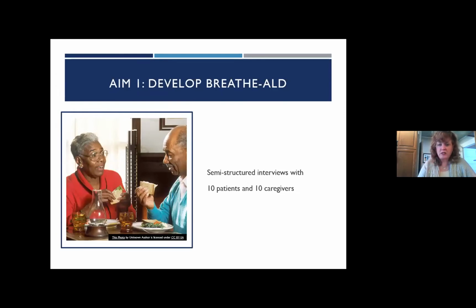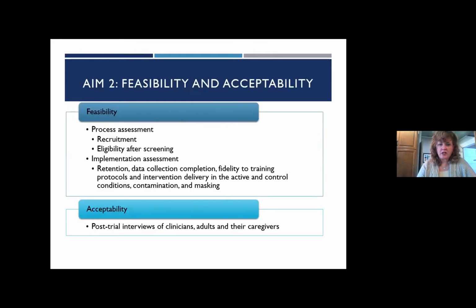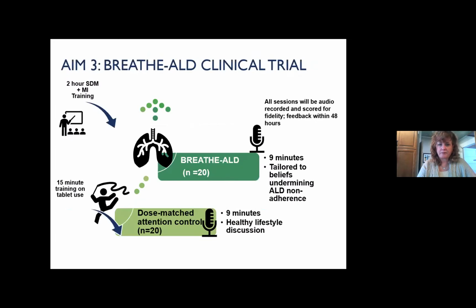So the first aim would be to actually develop the script by doing semi-structured interviews with 10 patients and 10 caregivers, and then conducting a process and implementation assessment to address feasibility, and conducting post-trial interviews with all involved to assess acceptability.